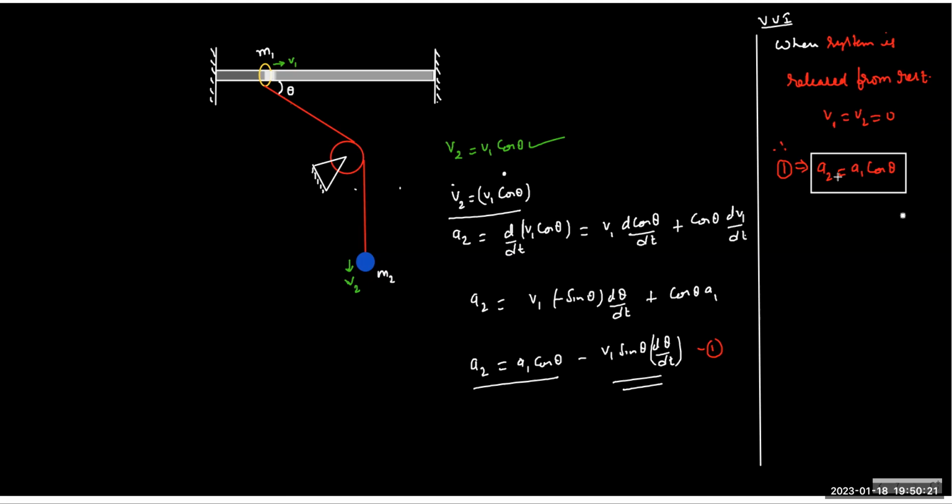You know why they say so? Because the constraint relation is meant for motion, not for acceleration. Acceleration means tendency of motion. It is not actual motion, isn't it?